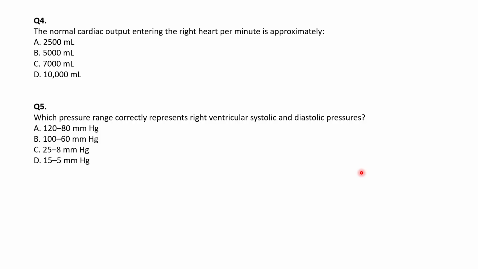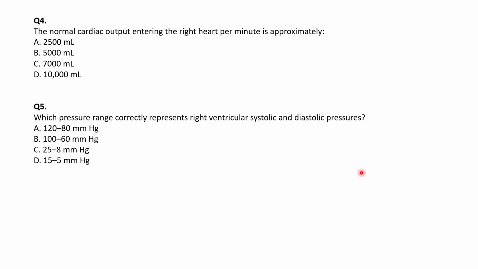Great. So one might ask, this 120 by 80 is a figure that you guys hear a lot, right? When people say, oh, that person's blood pressure is normal, their BP is 120 by 80. You might have heard that in a clinical setting or with some family member.